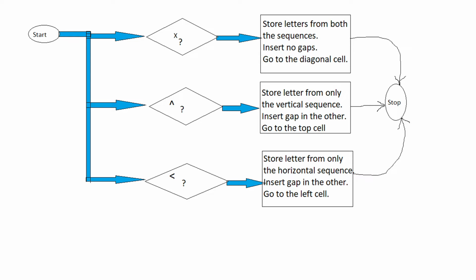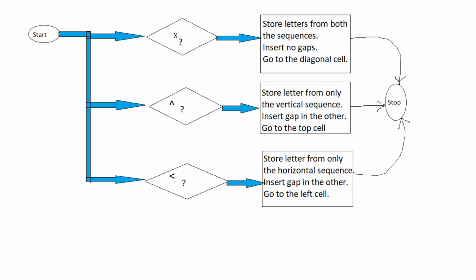For the less than case, or the left case, a gap is introduced in the vertical sequence. The letter in the horizontal sequence is printed, and the next cell will be the left cell, because only the x variable is decremented.